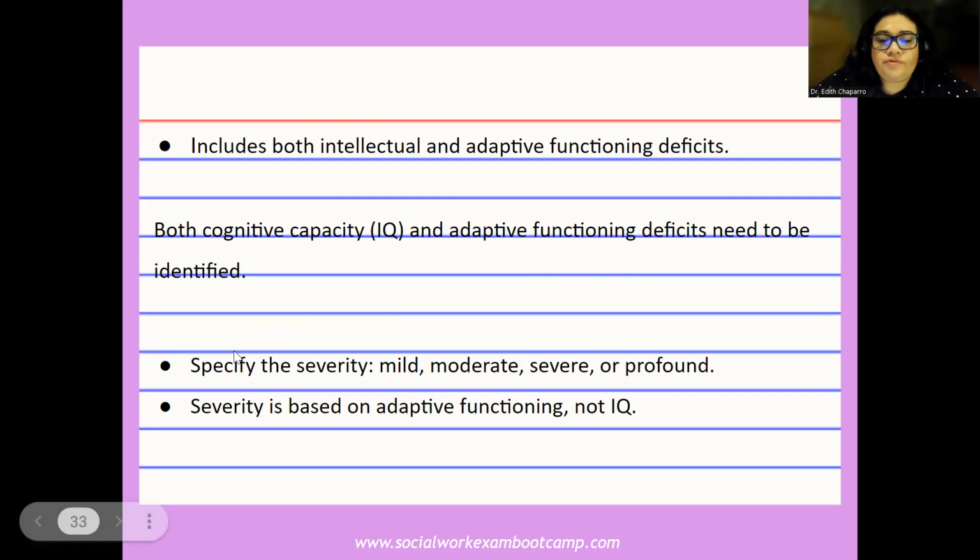We're going to specify whether it is mild, moderate, severe, or profound. The important thing is how we identify the severity. It is based on adaptive functioning, in other words, how the client is functioning, not on their IQ.